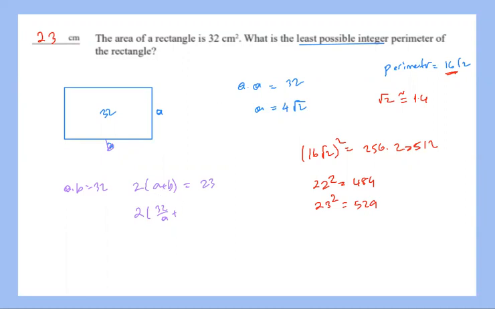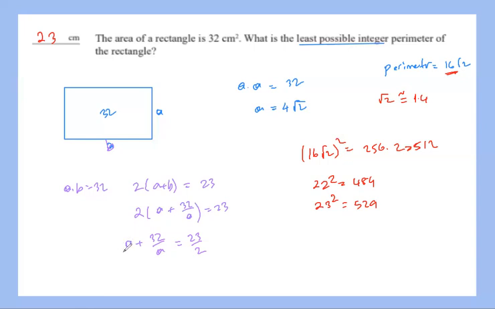So I need to replace B with that in A plus B. So 2 times A plus 32 over A equals 23. You may divide by 2, so that should be A plus 32 over A equals 23 over 2. And I may multiply both sides by A, and then by 2 as well.